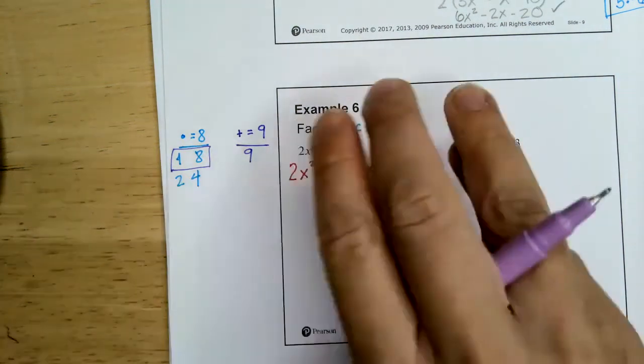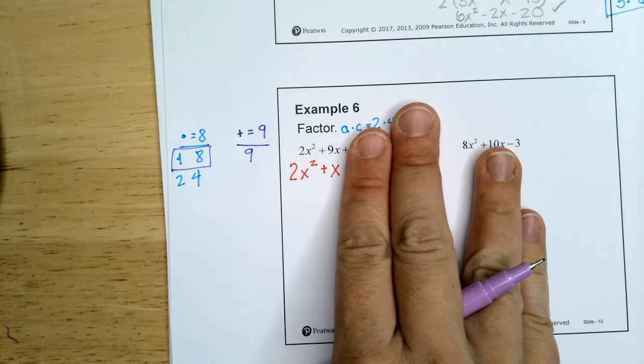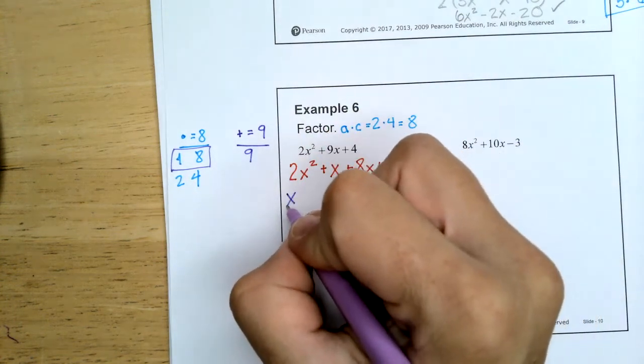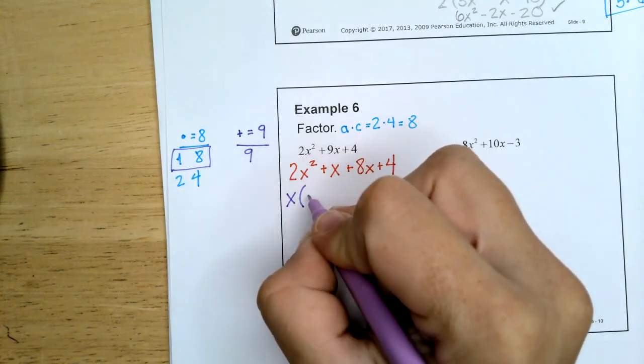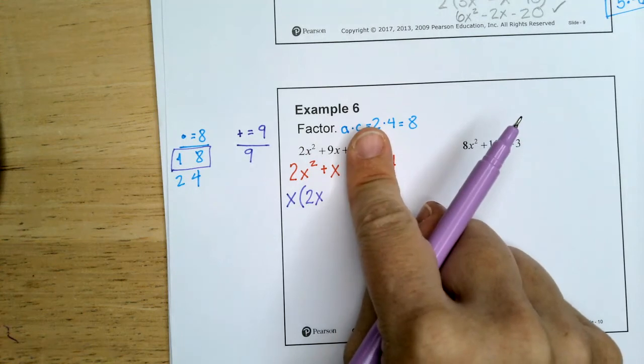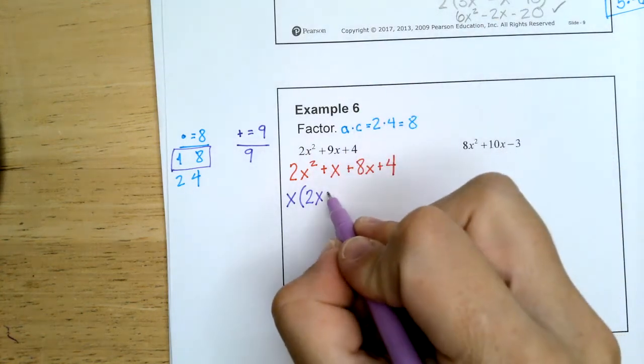All right, let's factor. So 2x squared plus x. What is a common factor? The common factor is x, right? So I'm going to pull out the x. X times 2x will give me 2x squared. X times 1 will give me x.